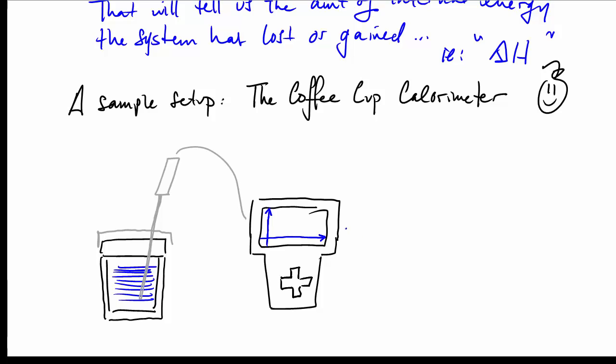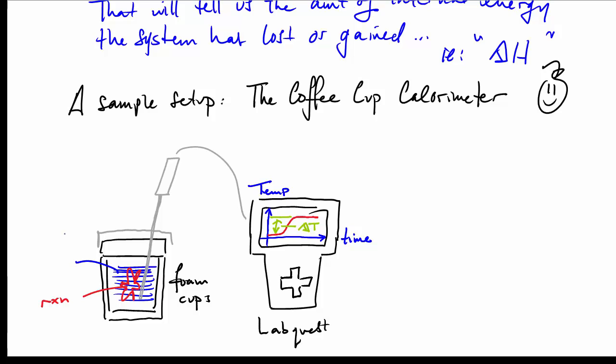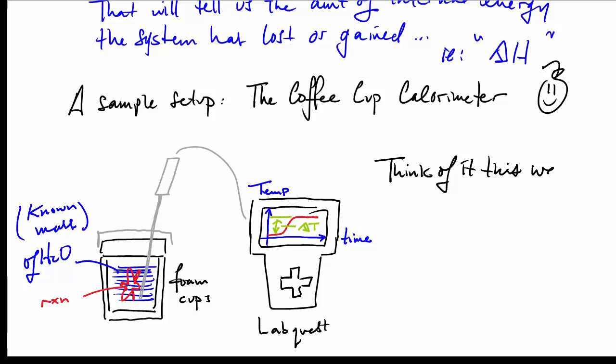The idea is to measure the temperature as time passes along and the reaction progresses. We expect this reaction to be exothermic. Can you see the temperature rising on the screen of the LabQuest? That rising temperature is delta T. So the reaction will be inside and will give off or gain heat from the known mass of water that will be the surroundings. Think of it this way. The reaction is between the solute particles and the water is the surroundings.